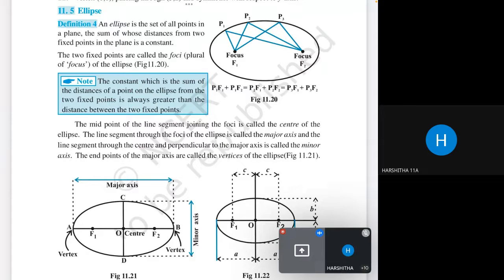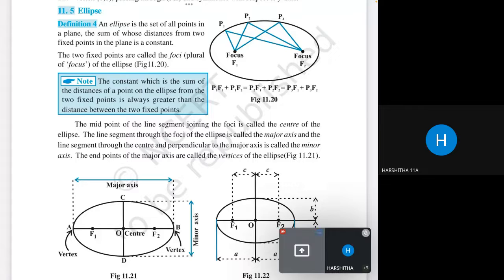For the set of all the points, the sum of the distances of those points from the two fixed points: if F1 is one fixed point and F2 is the other fixed point, then for points P1, P2, P3, P1F1 plus P1F2 is the same as P2F1 plus P2F2, and that is equal to P3F1 plus P3F2. All such points together are called an ellipse.